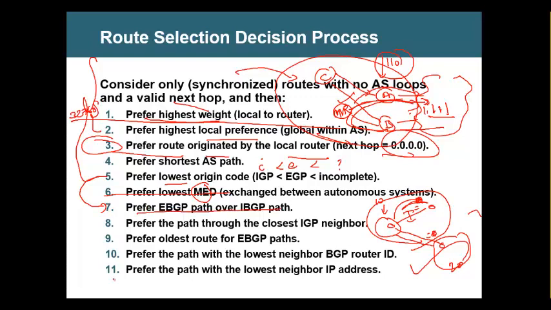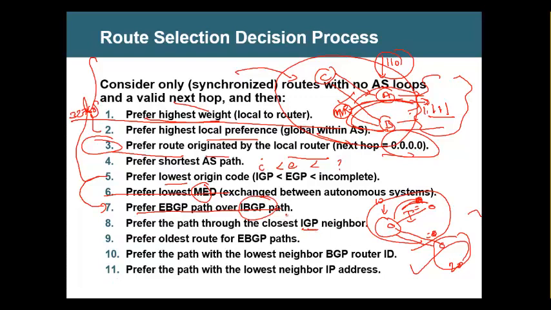It means that both should be EBGP or both should be IBGP. If preferring EBGP over IBGP doesn't decide it, that means both of your neighbors need to be IBGP or EBGP. So first it checks the IGP.